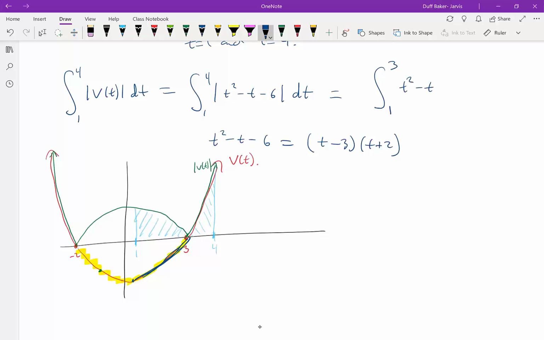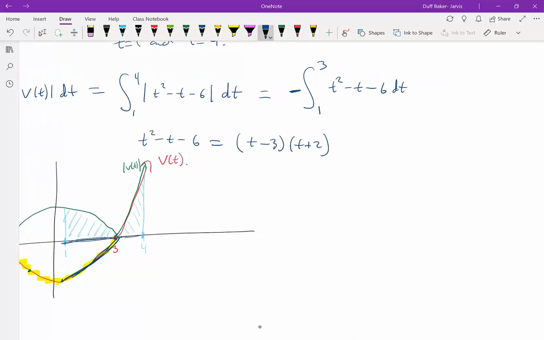But it was negative there, so to make it positive, we switch it with a negative, right? Negative of a negative will be positive. Okay, so that'll give us the first area, the area from 1 to 3. Then to get the second area, we take the integral of just the regular function, right?